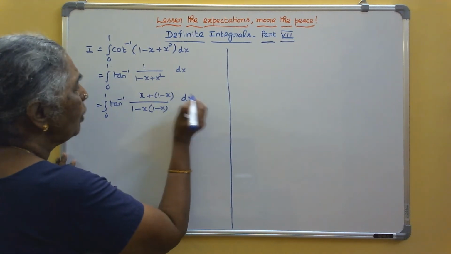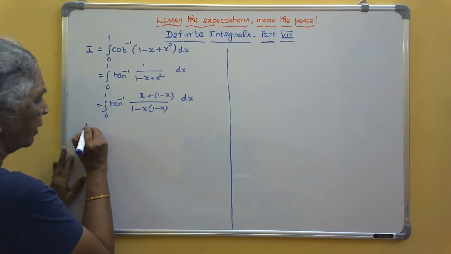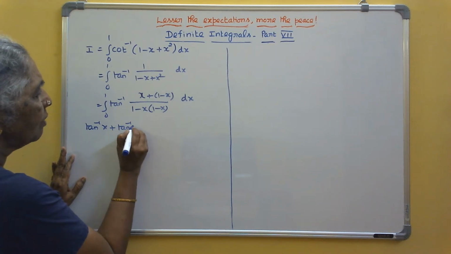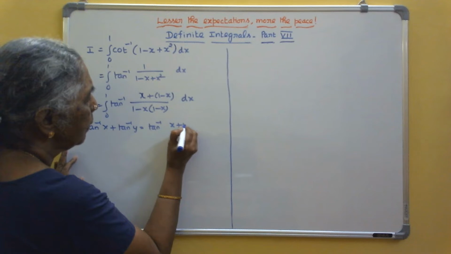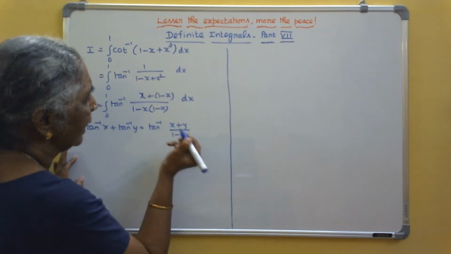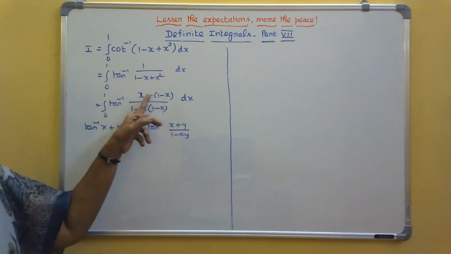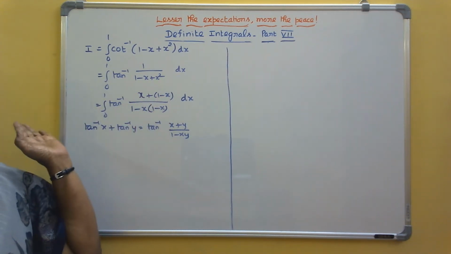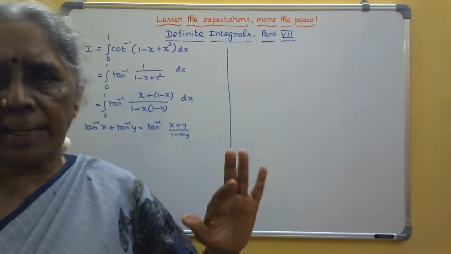Now there is a formula in inverse trig: tan inverse x plus tan inverse y is equal to tan inverse of (x plus y) by (1 minus xy). You remember? So I can write this as tan inverse x plus tan inverse y.